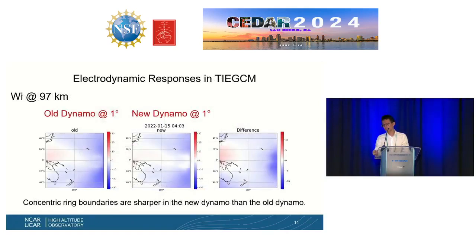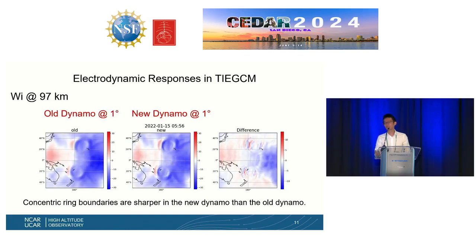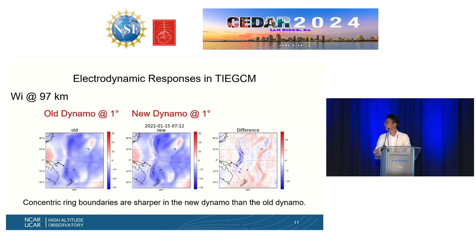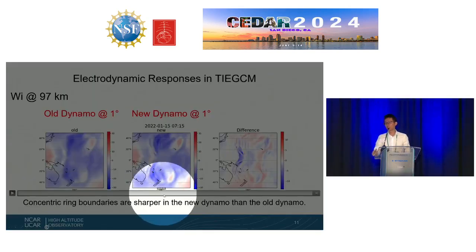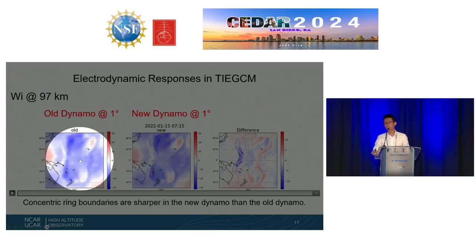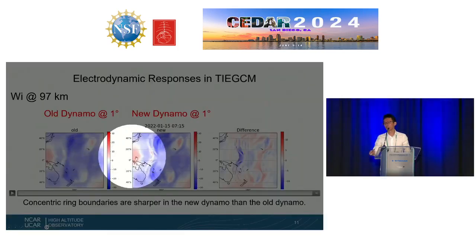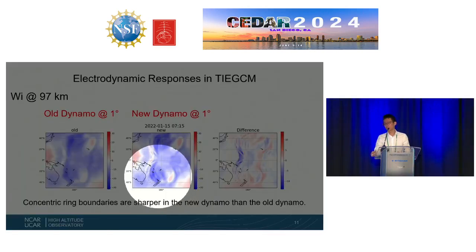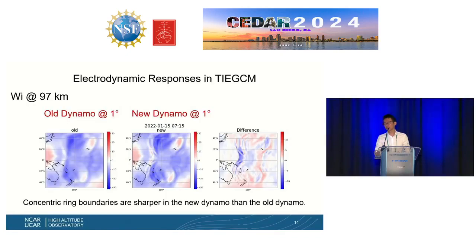So next slide. Talking about the neutral wind responses, let's look at ion drift, the electrodynamics responses. Here is the comparison of the old dynamo, on the left figure, and the new dynamo, in the middle figure. Comparing these two, we can see that the new dynamo has a significantly sharper boundary of this concentric ring.